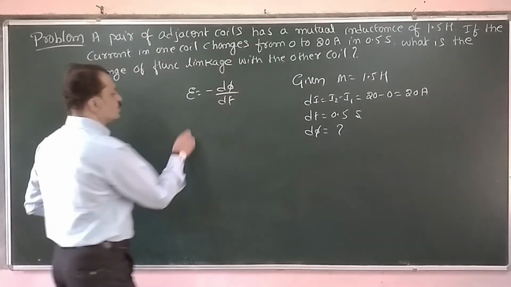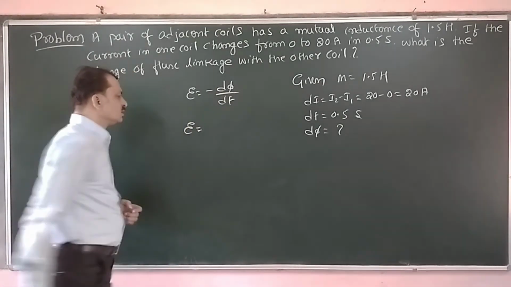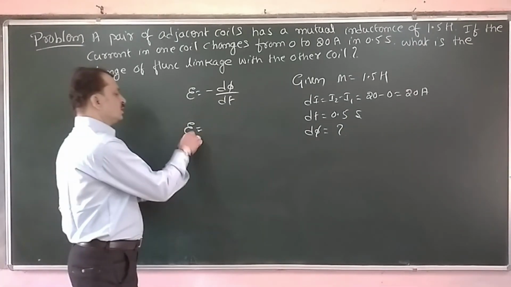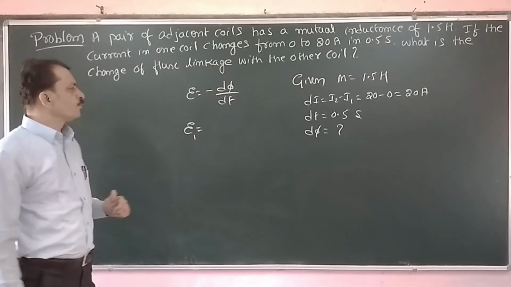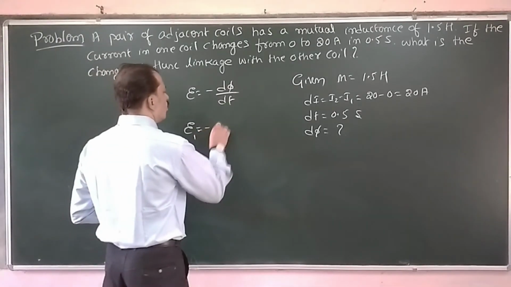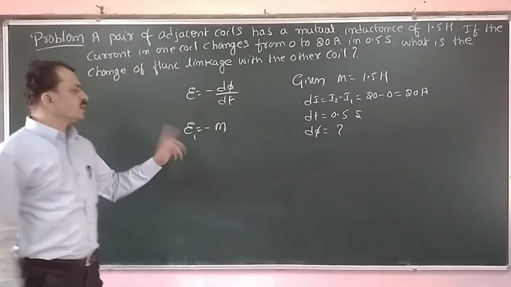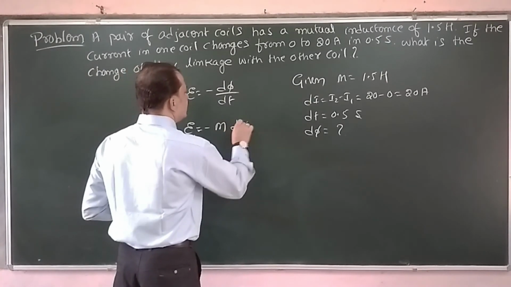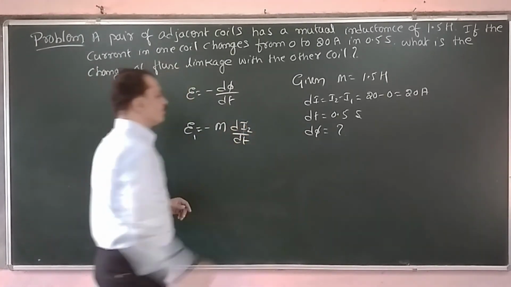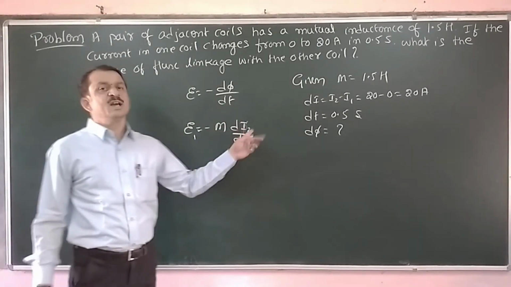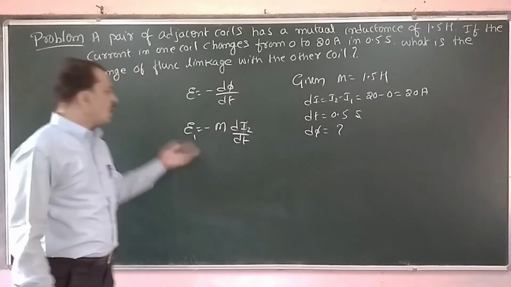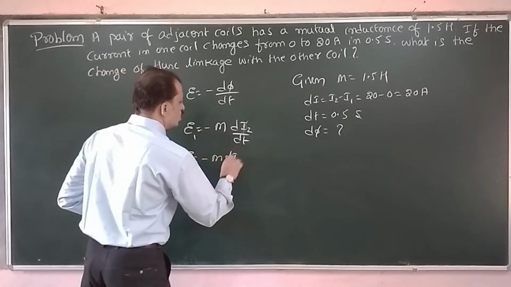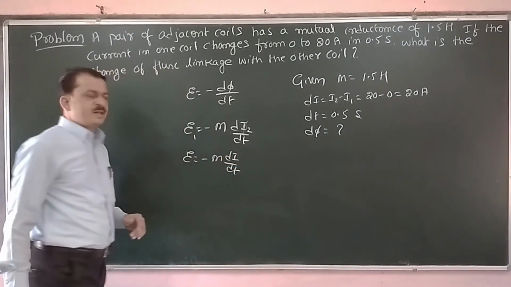Also in the case of mutual inductance, we have studied the EMF induced in one coil. If you take it as E1, that is equal to minus the mutual inductance of the coil into di2 by dt, the rate of change of current in the other coil. Or simply we will write it as E is equal to minus M into di by dt.